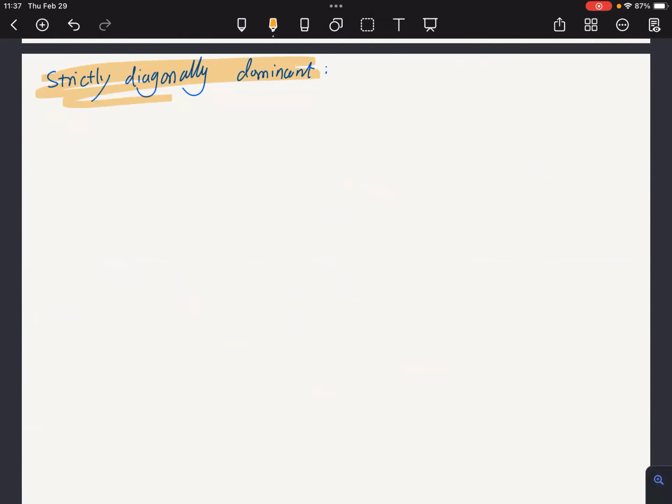So what does it mean to be strictly diagonally dominant? A is an n by n matrix with entries Aij.